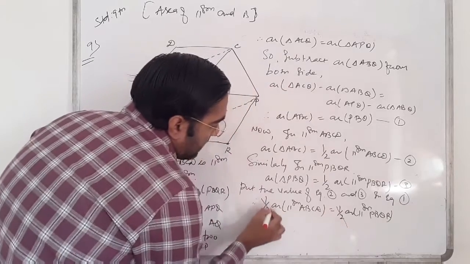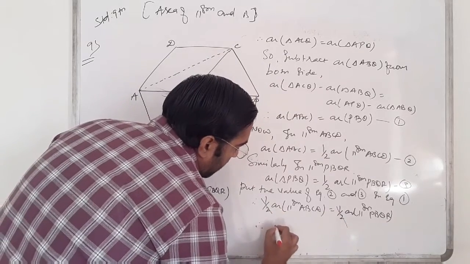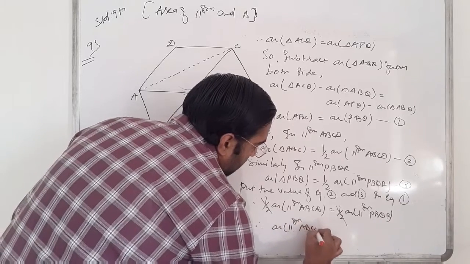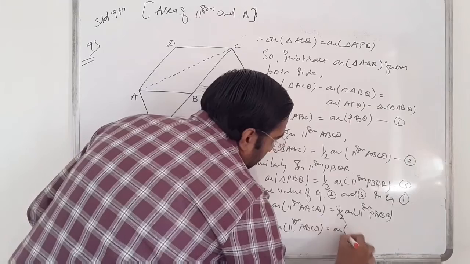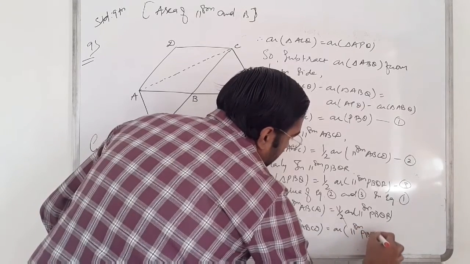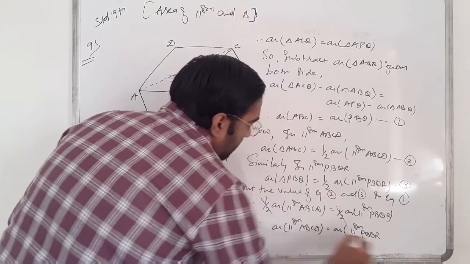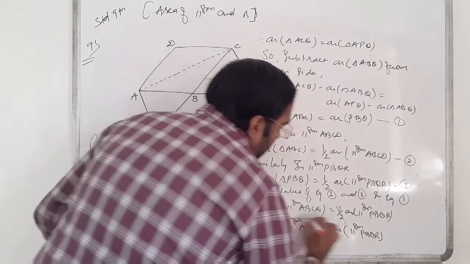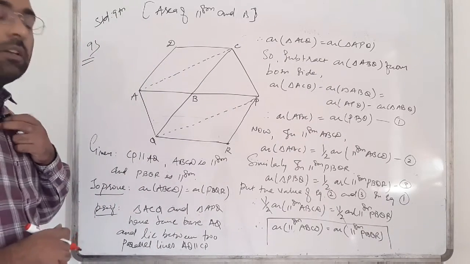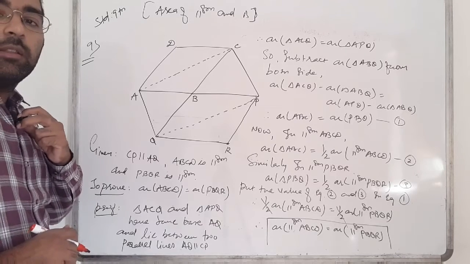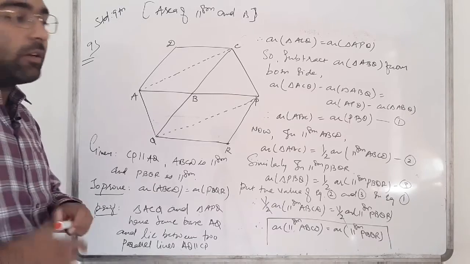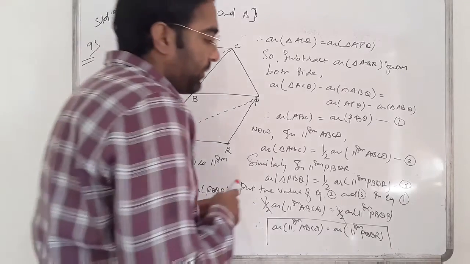Now half cancels out from both sides. So area of parallelogram ABCD is equal to area of parallelogram PBQR. So my condition, area of ABCD equals area of PBQR, is proved.